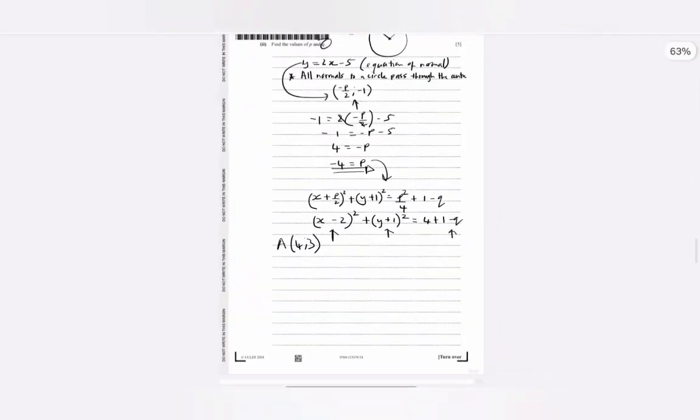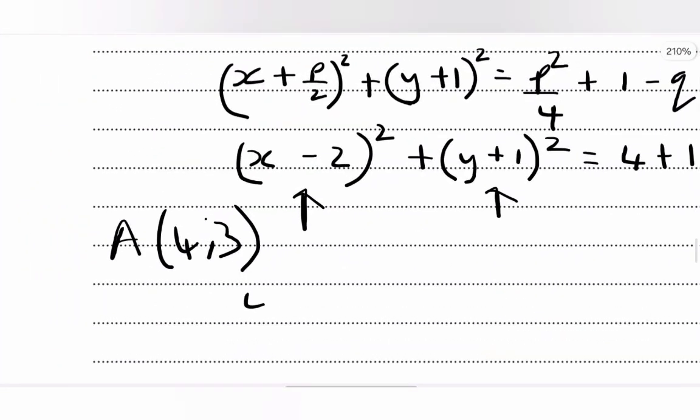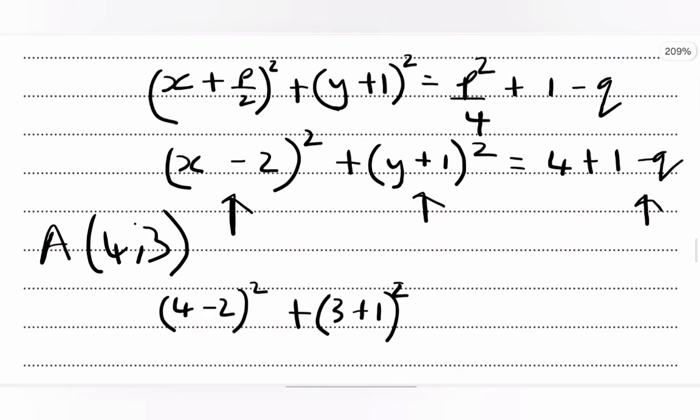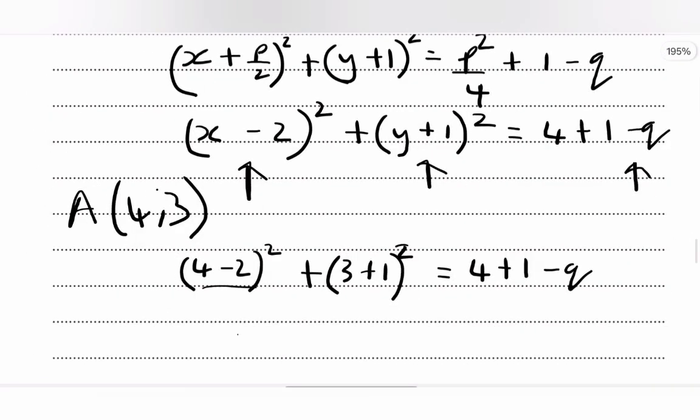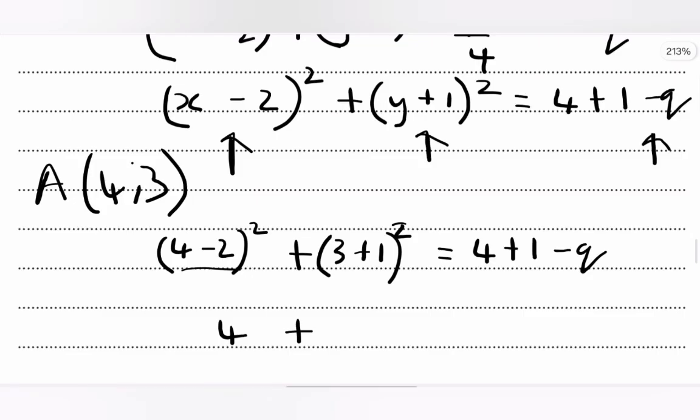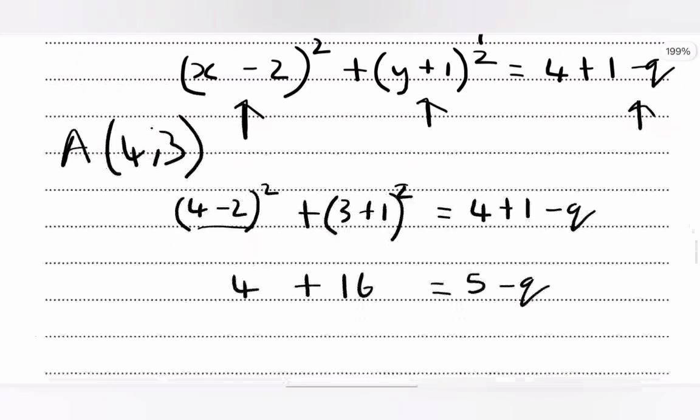So substituting that in there, we're going to say (4 minus 2) squared plus (3 plus 1) squared is equal to 4 plus 1 minus q. And this will be 4 plus 16 equals 5 minus q.